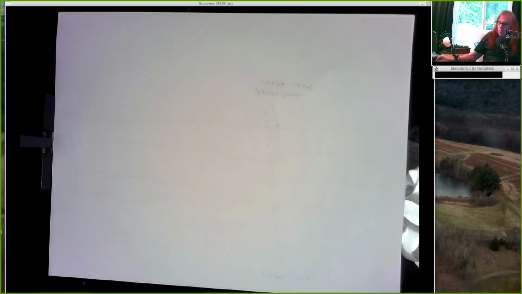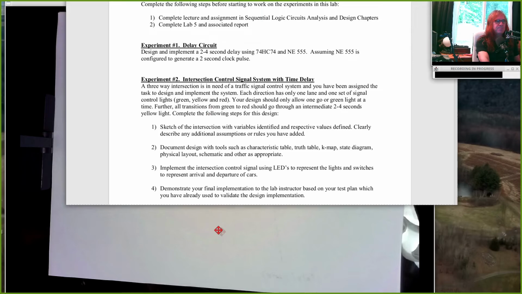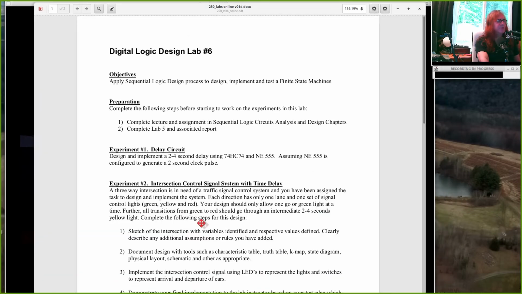So there's two pieces to Lab 6. The first is a building block for Experiment 2. Experiment 1 is a delay circuit. And then Experiment 2 is going to use the delay circuit to build a traffic light controller where you have 3 lights on each lane, red, green, and yellow.